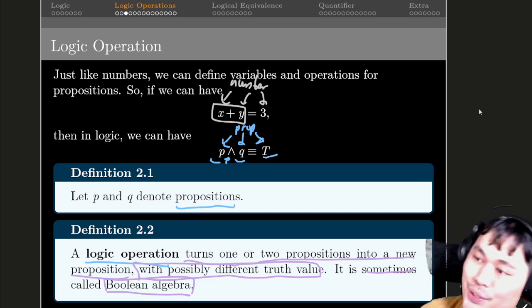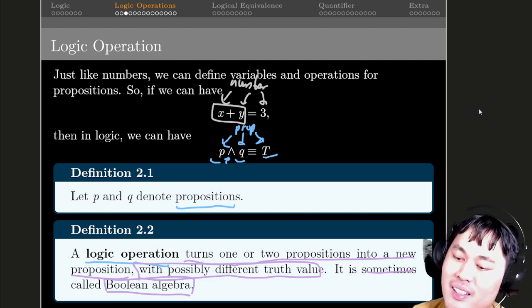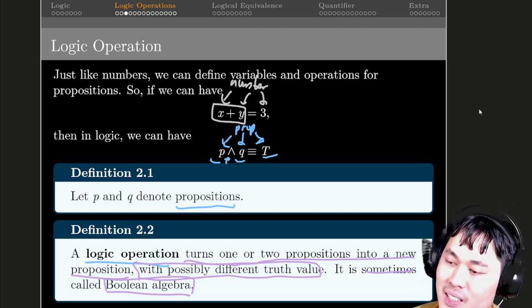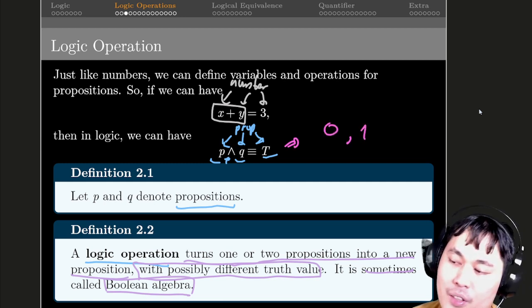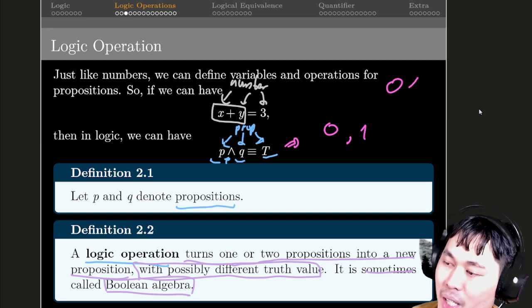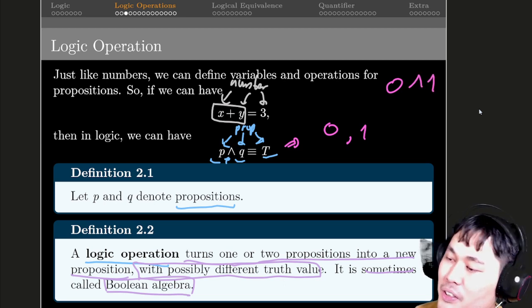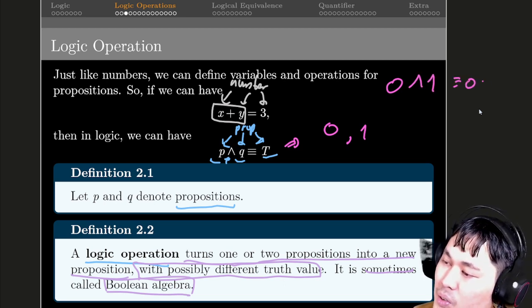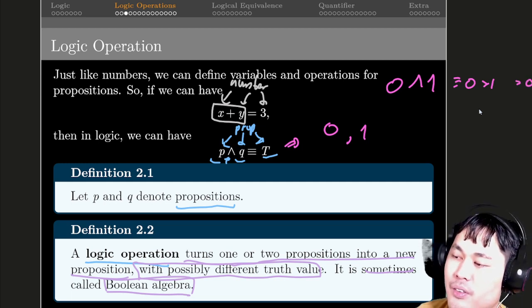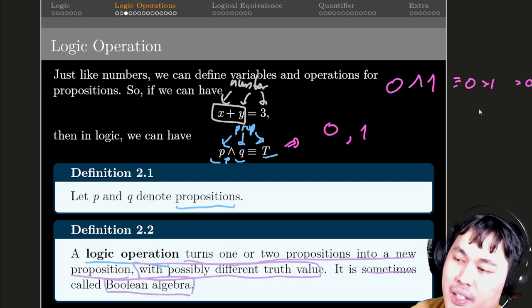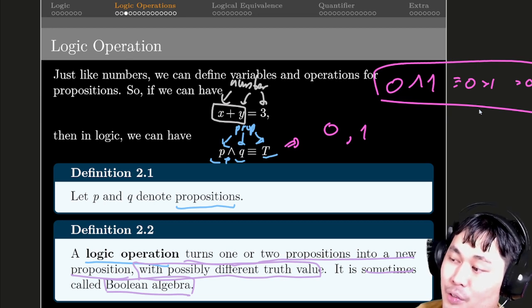If you happen to know this in advance, you would notice that this is actually the way you do math when you only have 0 and 1. You can somewhat translate it into 0 times 1 equals 0, those kinds of things. But if you don't know that, then don't worry about it.